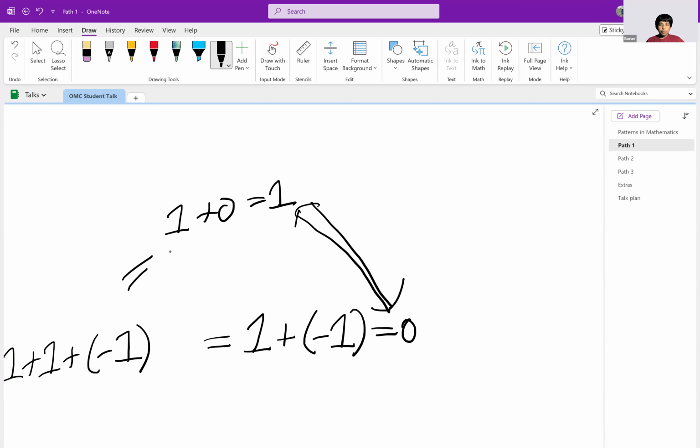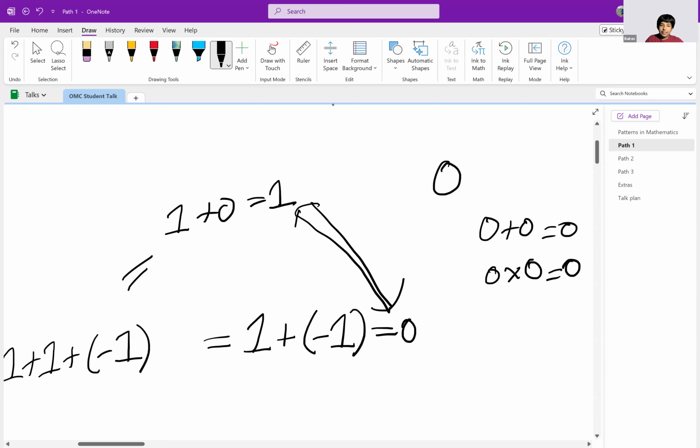And so we get a table where there is only one thing, which is 0, and 0 plus 0 equals 0, 0 times 0 equals 0. And this sort of thing can happen if we try to add multiplicative inverses as well. But for the sake of time, I won't be taking that. But you can get some interesting things if you try to add fractions.